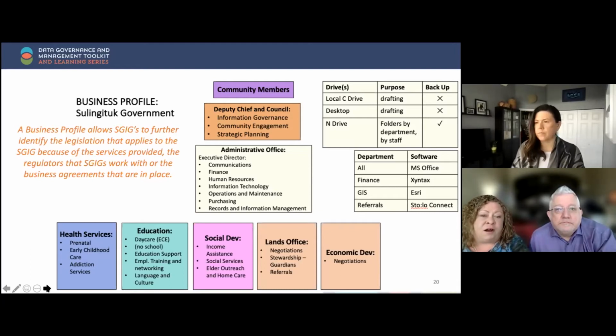And when you define the services that are provided in your business model to your citizens, then you start having a better idea of the types of records and data that can be found in each of those departments. Then we go even further and we look for different types of software, because that's where our electronic records are going to be, and how many drives you have, and how user workspaces and user experience interfaces are designed.